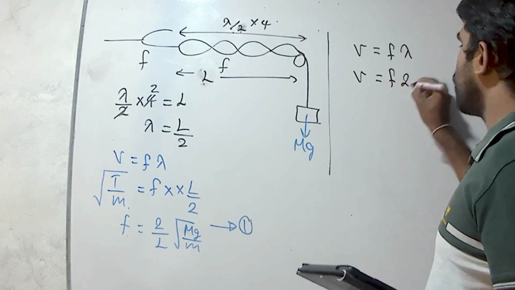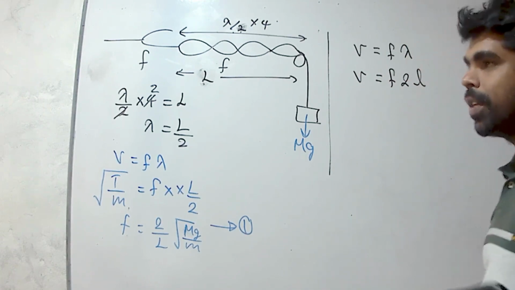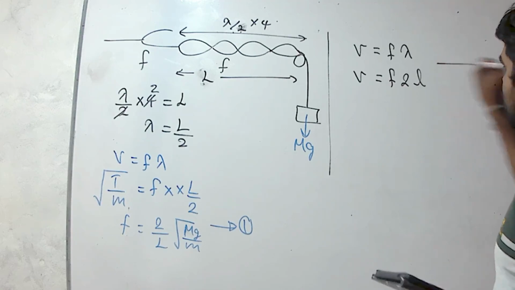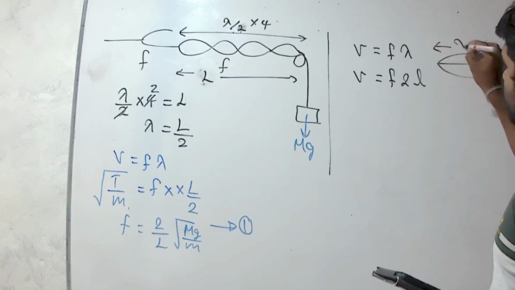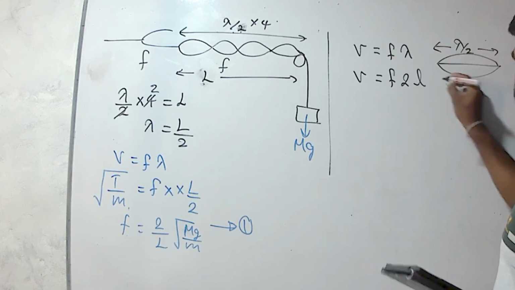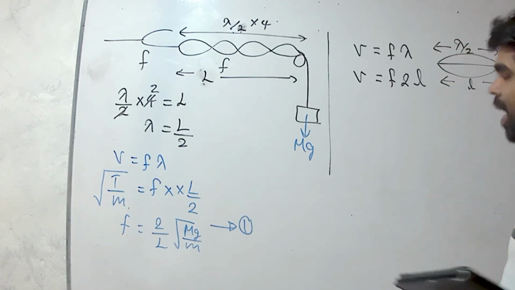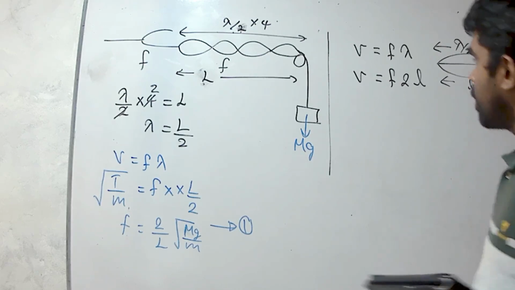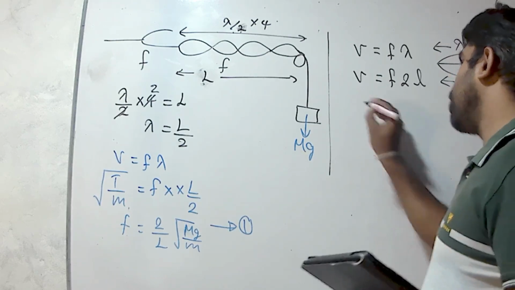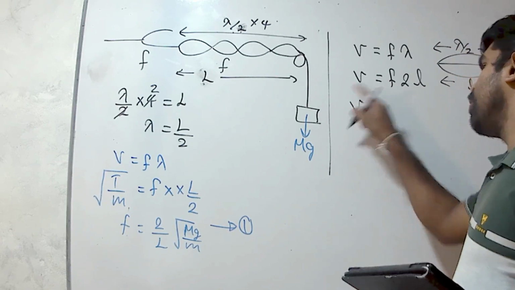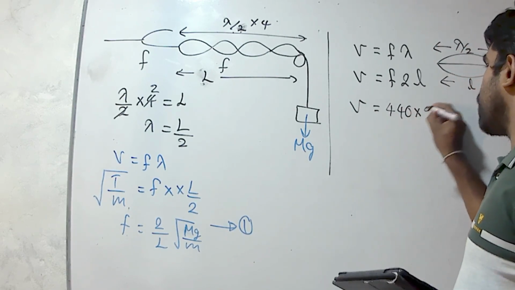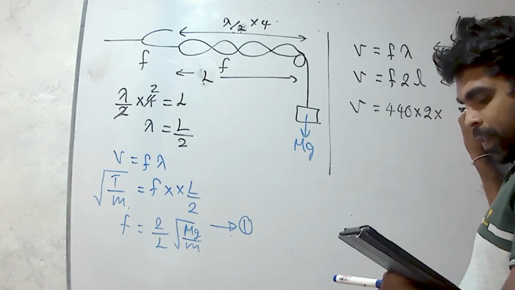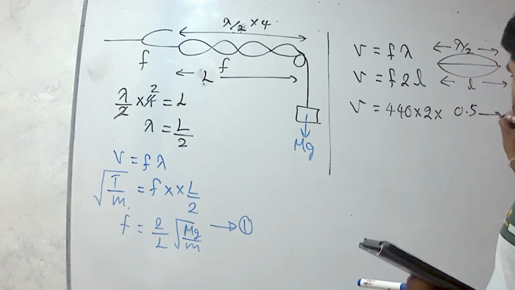Lambda is 2 times the resonance length for the fundamental frequency. We know that for the fundamental frequency there is only one loop. Lambda over 2 equals L, then lambda is 2L. For the first situation, V is constant, frequency 440, 2 times the length of the wire, 0.5. It is the first equation.